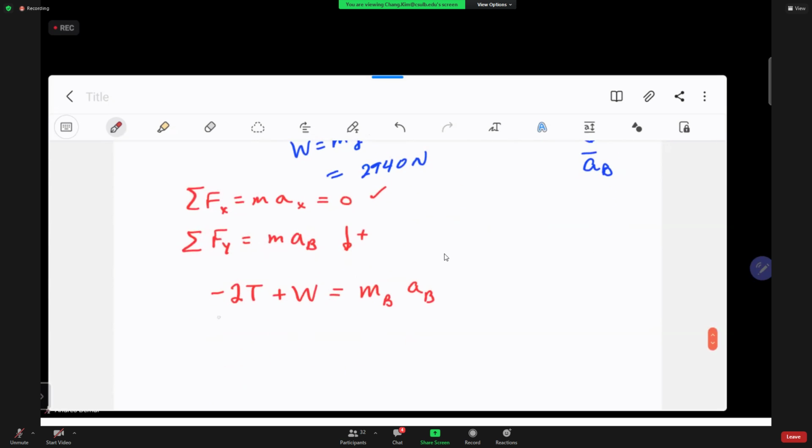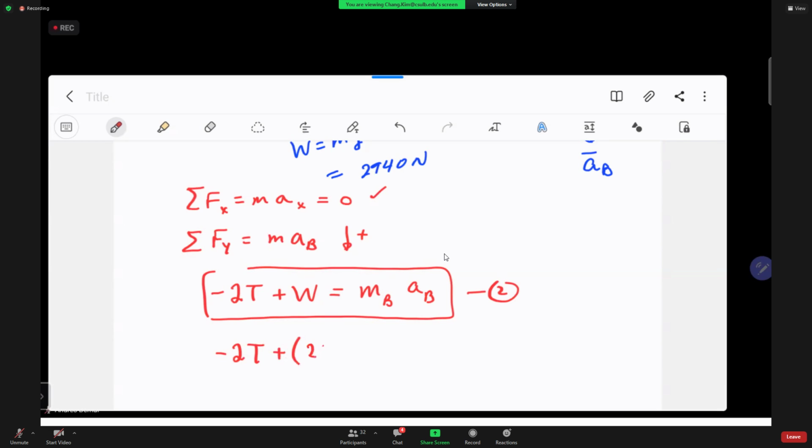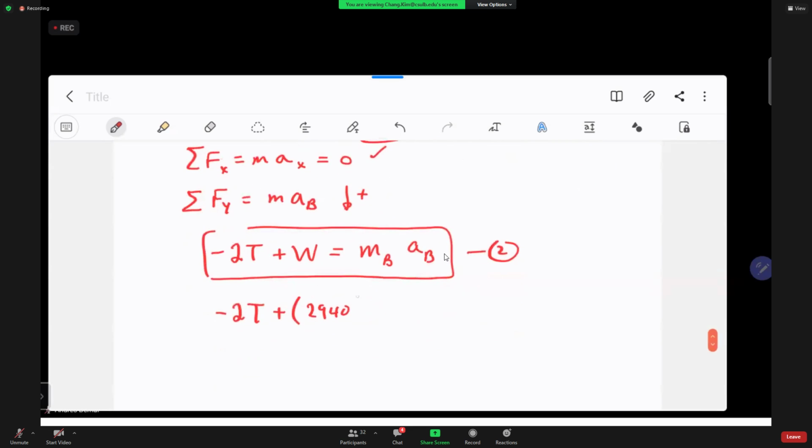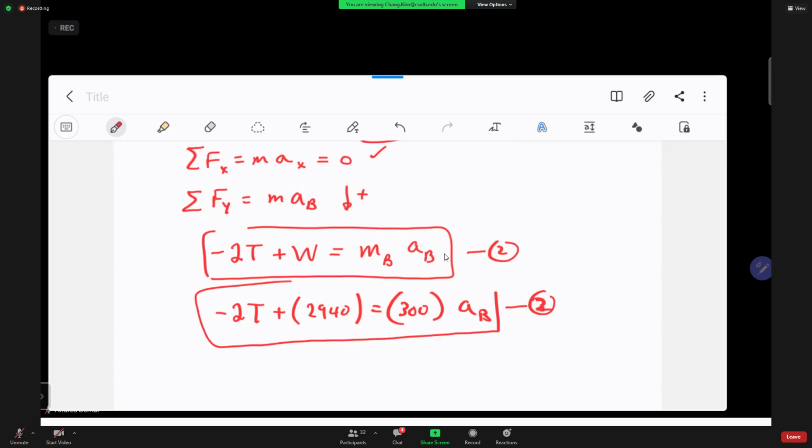And that is going to be a second equation. So minus 2T plus weight, in this case 2940 right there, equals mass 300 kilo times a_B. Now this is still the second one.